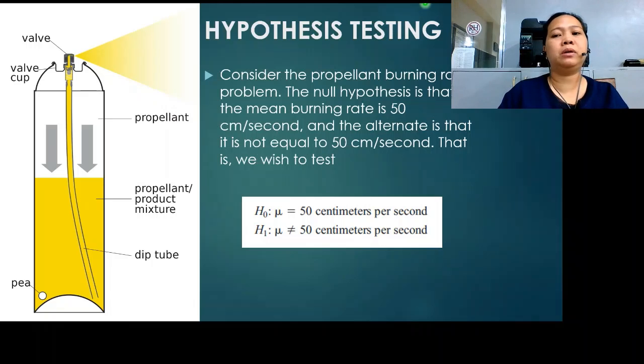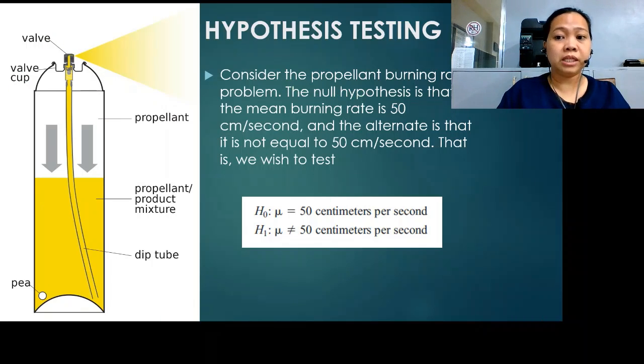Another example, so that ma-master mo unsaon pagbuhat og null and alternative hypothesis. Okay, consider the propellant burning rate problem. So, this is a propellant. So, it is found basically in your mga hydrant, mga aerosol spray. So, nanay propellant ana sa ilalom.